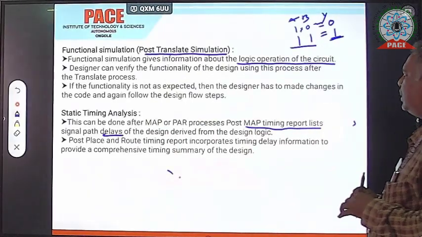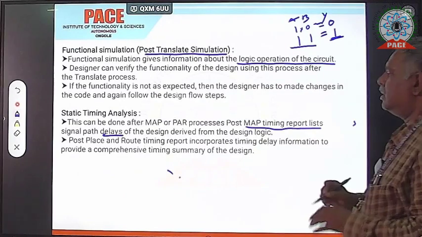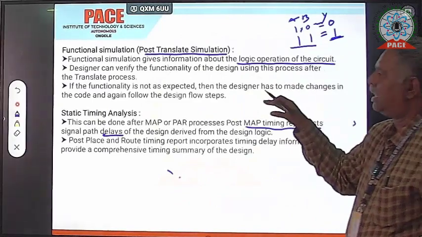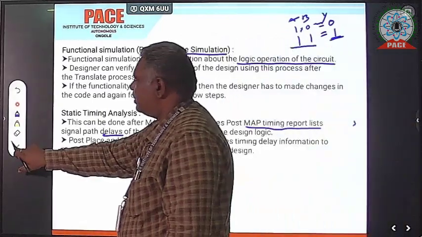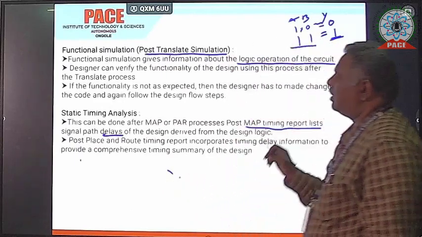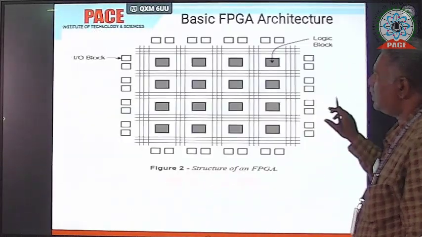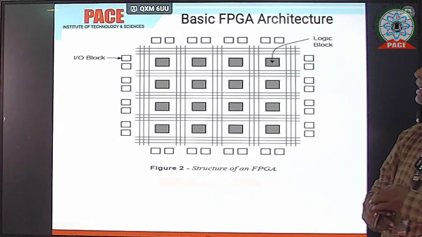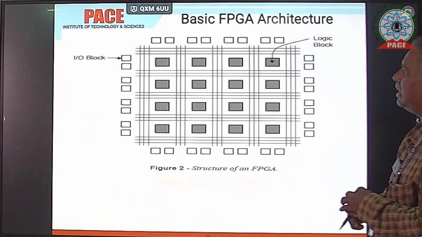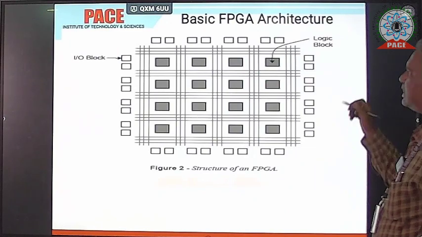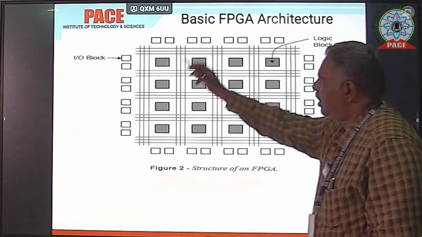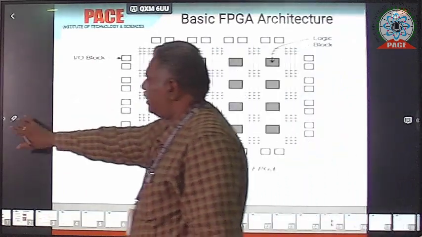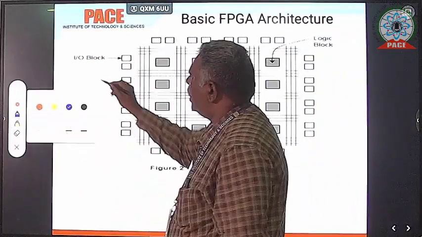We are going to summarize these designs like this, and we have to verify the basic structure of the FPGA. The first design is an FPGA architecture, which contains these blocks. We have IO blocks, which are called input output blocks.